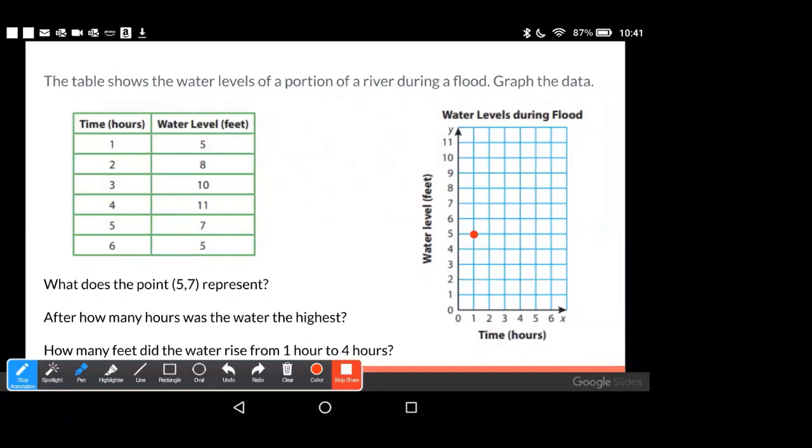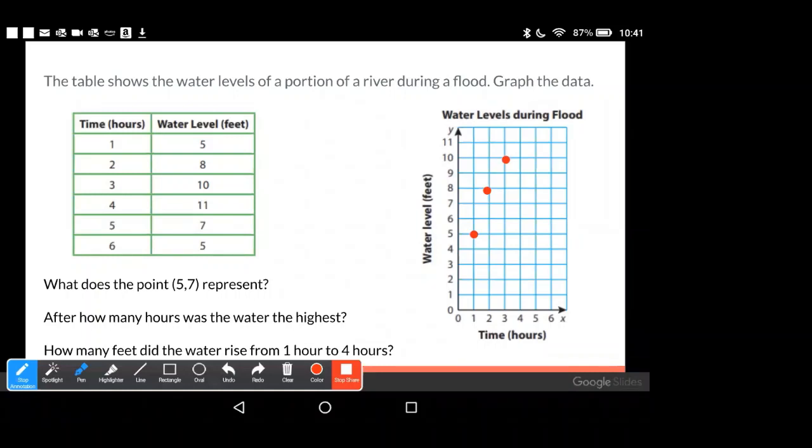After 2 hours, I have 8 feet of water. So I go over to 2 and I go up to 8. After 3 hours, I have 10 feet of water. So 3 and then 10. Not 9.9. I'm struggling here.